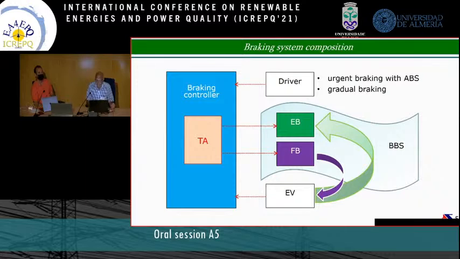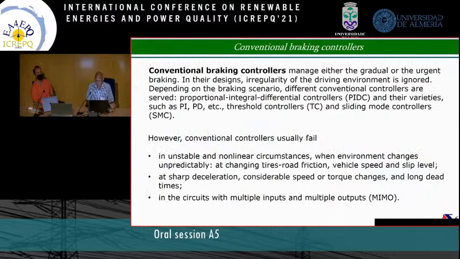We compare two methods of control. First, conventional braking controllers. Here we developed some traditional controllers like PID controllers, threshold controllers, and sliding mode controllers. We compared their possibilities and found some drawbacks of this method. The conventional method works nicely enough when the situation is stable.